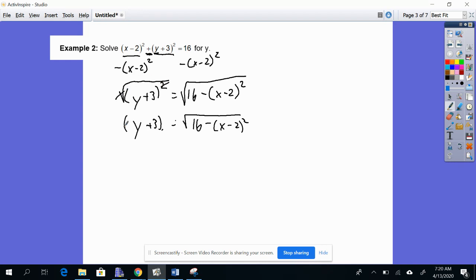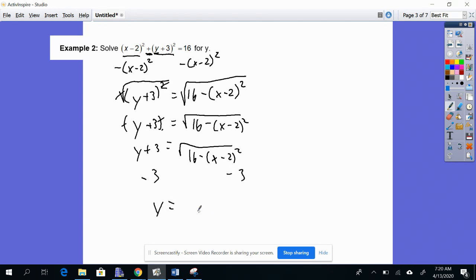At this point, I don't really need these parentheses, so I really just have y plus 3 equals square root 16 minus same stuff. The only thing I need to get rid of now is this 3. The opposite of addition is subtraction, so minus 3, minus 3.